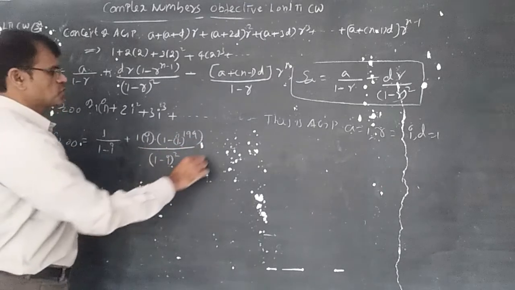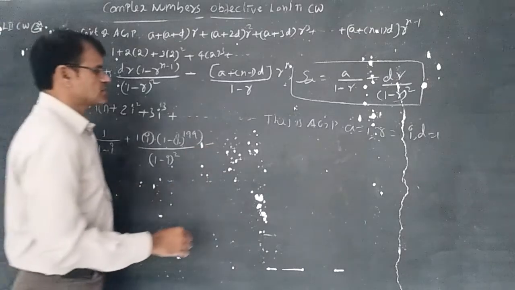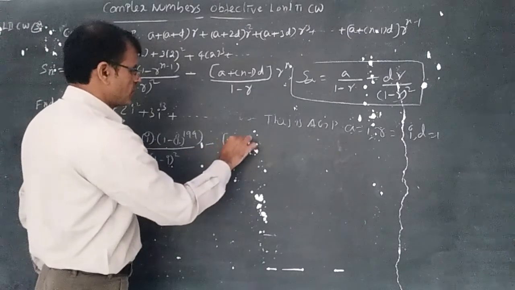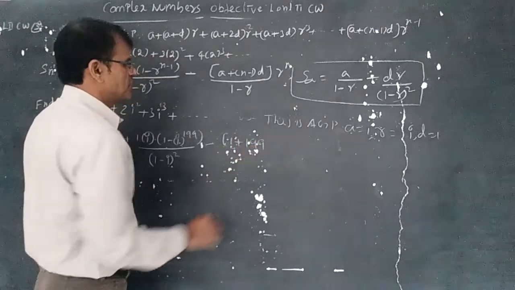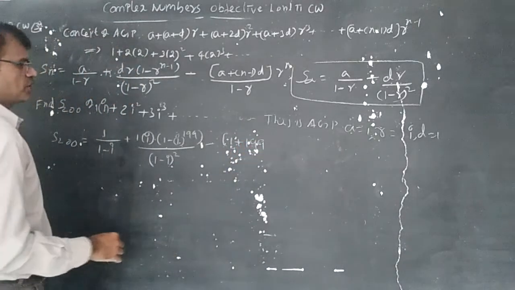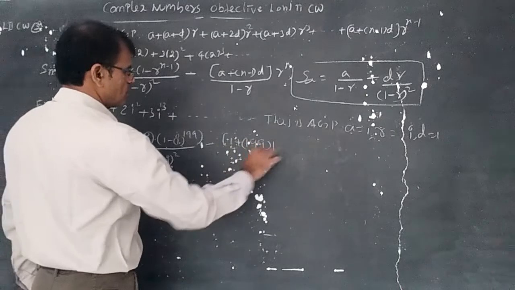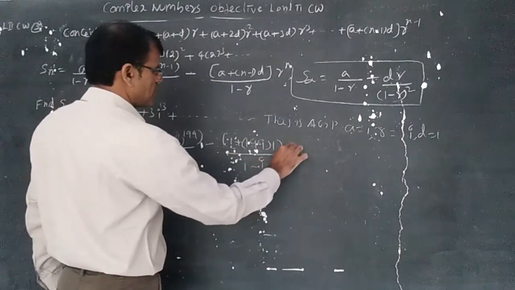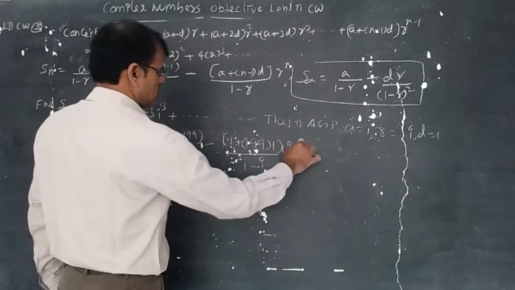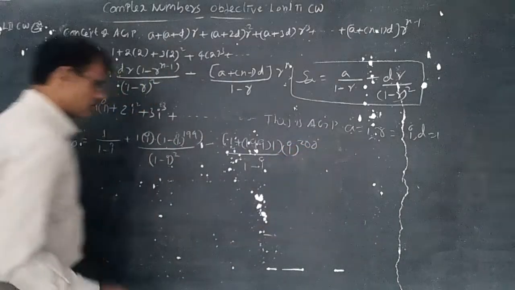Minus (a plus (n minus 1) into d). So 1 plus 199, a meaning 1, so 1 plus (n minus 1) into d, which is 200, into r power n, meaning i power 200.